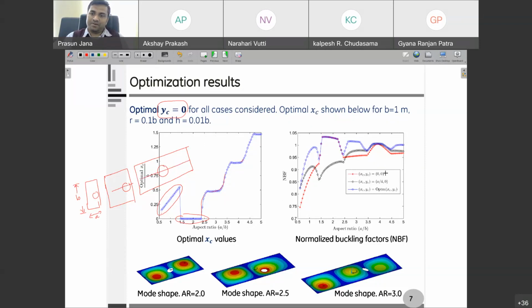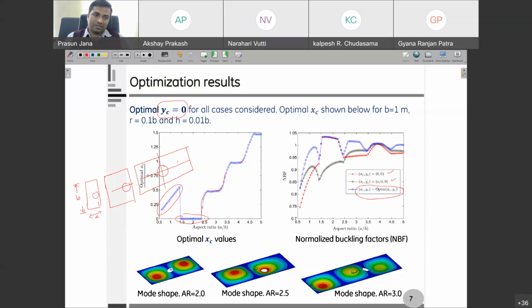Then this plot is to convince ourselves that these optimum locations are really optimum values. We have taken some arbitrary locations, like XC, YC equal to A by 4, 0, so basically it is somewhere here.